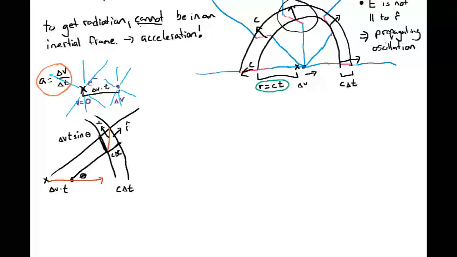Originally, if we just examine the electric field propagating outward at some direction theta from the x-axis here, the original electric field will have continued off infinitely in that direction. But now at some time t later, inside of this shell, we'll see that the electric field propagating in that direction theta will have gotten up to this point on the inside of the shell, moving along with the electron.